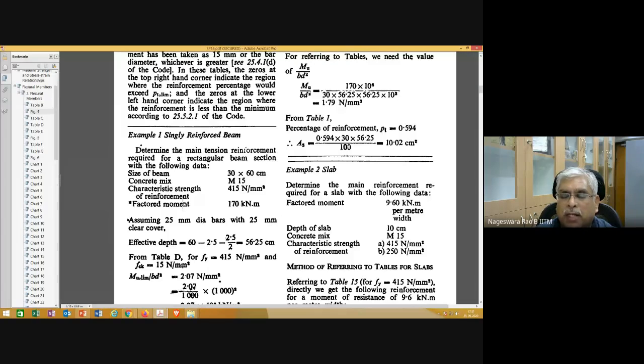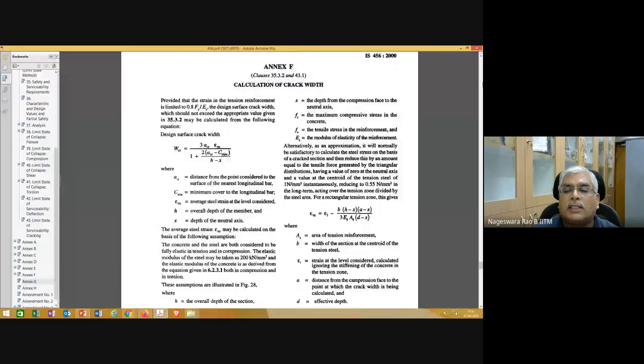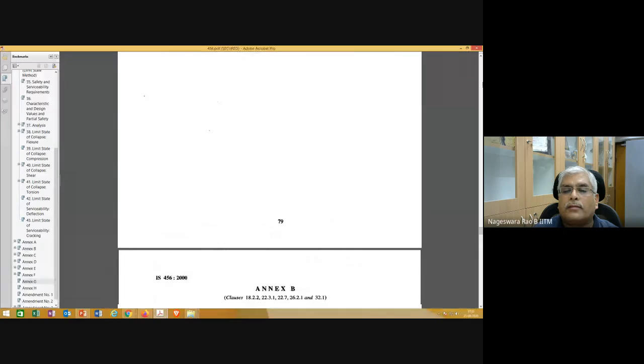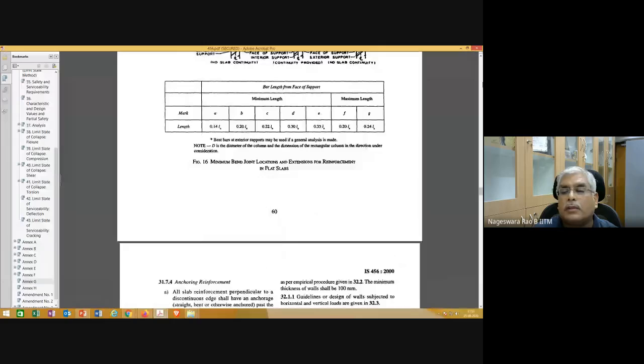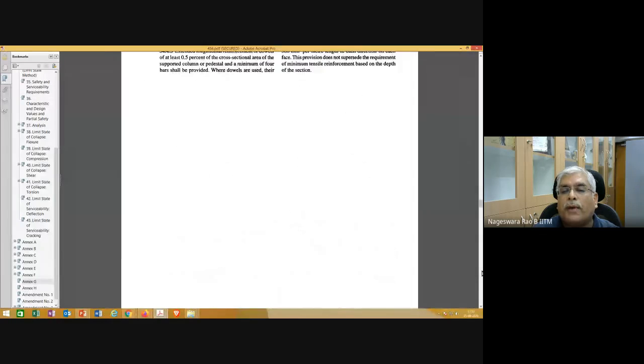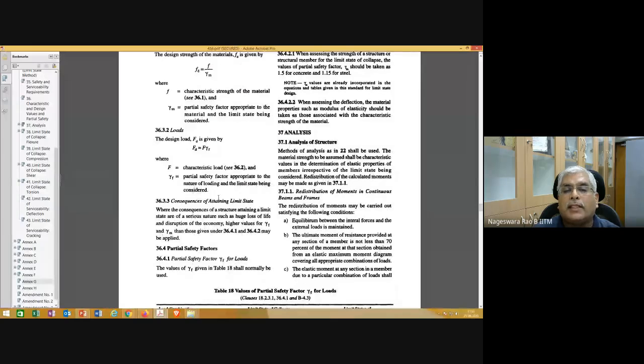Let me show you that before we close today's class, for completeness. Let me go to page 68 of IS 456. Here, design loads are obtained from the characteristic load multiplied by a partial safety factor.